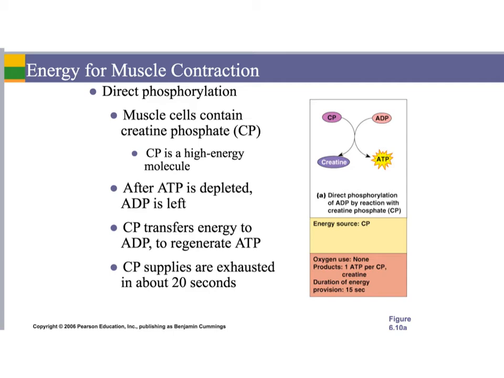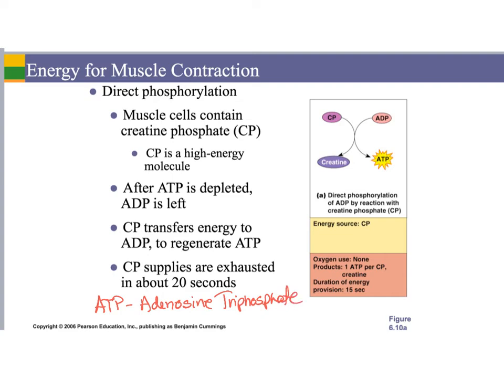Okay, so now we're going to talk about the energy. Where do we get the energy for muscle contraction? And this will be probably a review for some of you that have biology. We're going to talk about the energy pathways that produce ATP. And you might remember, or not, that ATP stands for adenosine triphosphate, right?